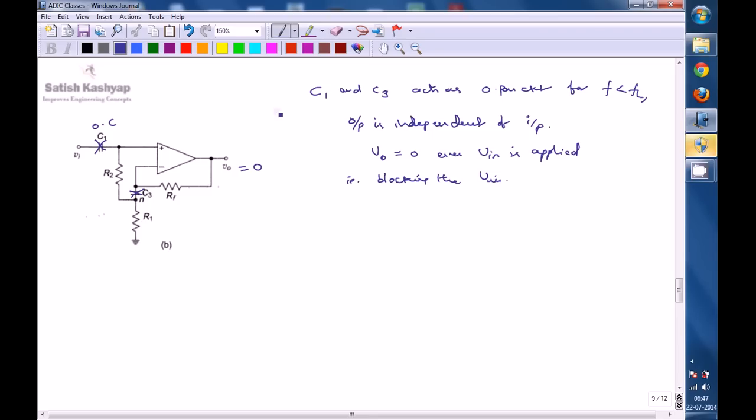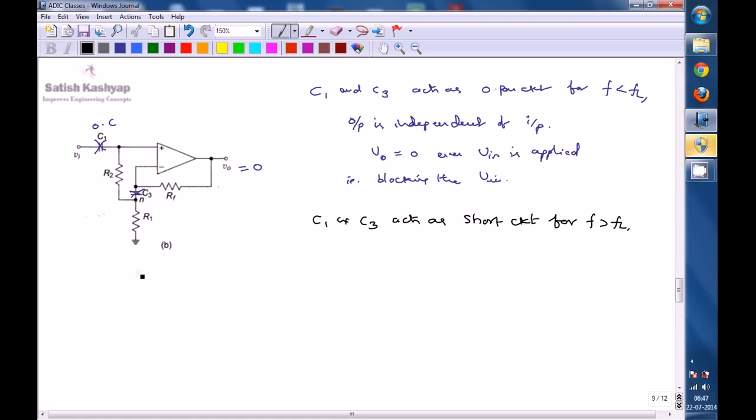Now C1 and C3 act as short circuit for frequencies greater than FL. We will choose the values of C1 and C3 such that they act as short circuit for frequencies greater than FL, and as open circuit for frequencies less than FL.